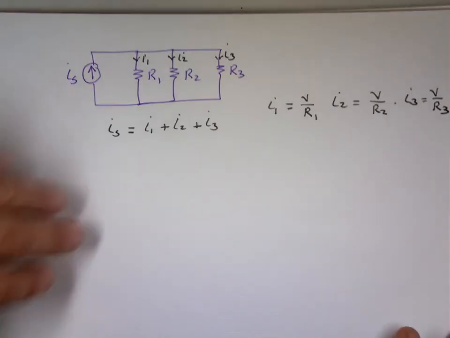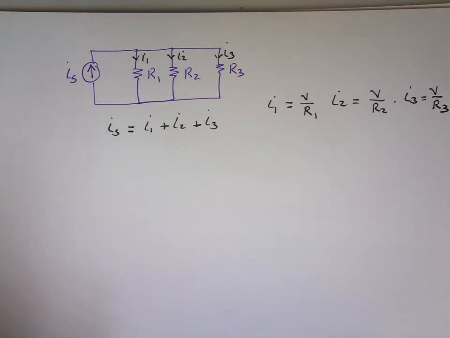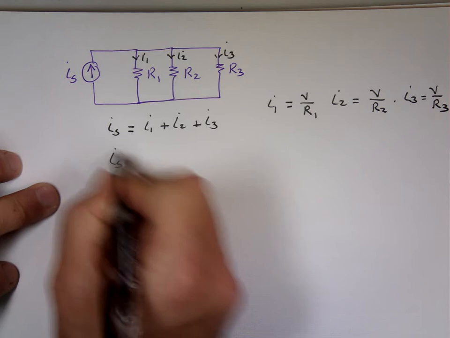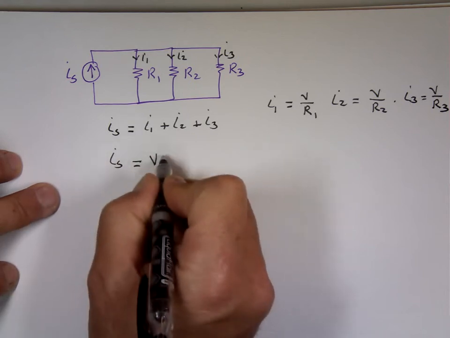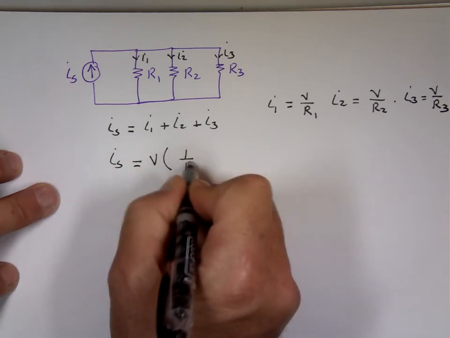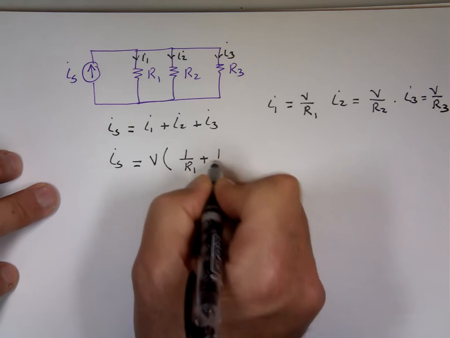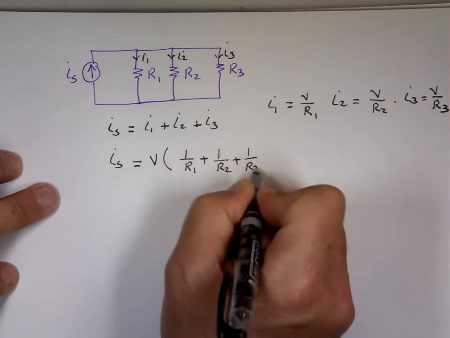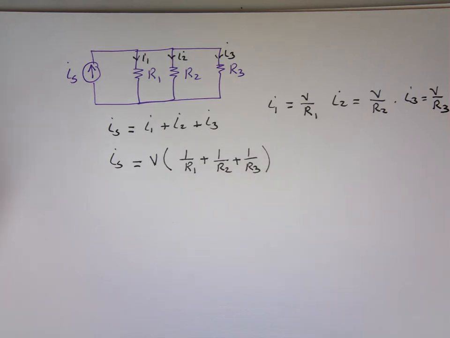You'll see the math gets a little bit ugly. So when I plug them in, I can factor a V out. We have 1 over R1 plus 1 over R2 plus 1 over R3. And boy, oh boy, that's not pretty. Because what's your LCD now?